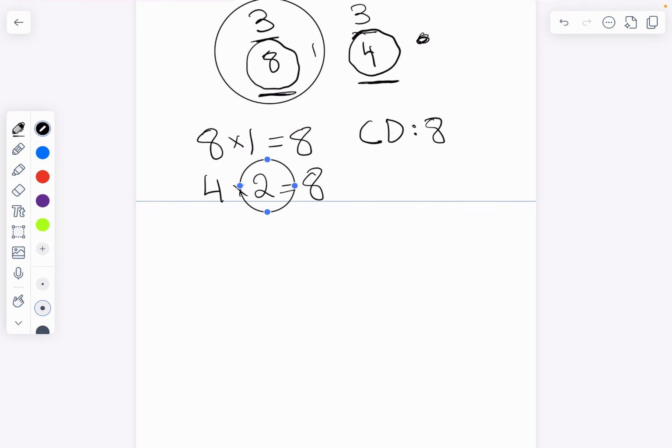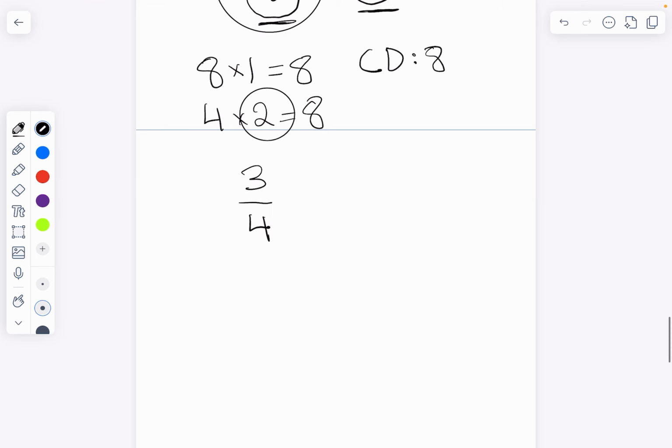That means I have to multiply this whole fraction, so 3 over 4, by 2. How do I do that? I first focus on my numerator, I multiply it by 2, and then I focus on my denominator. I multiply that by 2, making it equal 6, because 3 times 2 equals 6, over 8, because 4 times 2 equals 8. Now, we're sitting pretty.